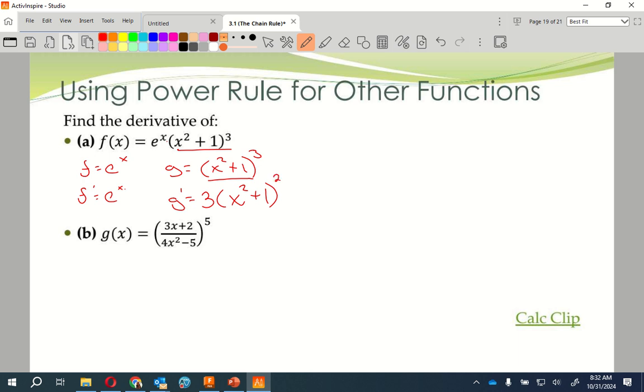Okay, remember we said that's going to be my u, right? So I'm not changing anything to the inside right now. So now we just considered that the u, and now it's going to be times the du, or times the derivative of the inside. The derivative of the inside is going to be, very good.